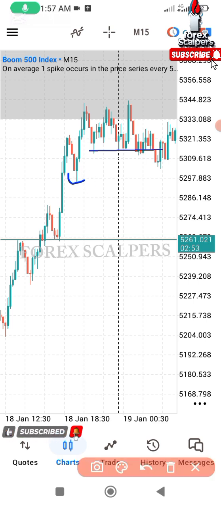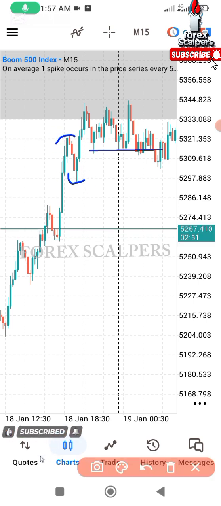Because after this higher low and this higher high, this higher low gave us this higher high, then this higher low gave us this higher high, and then this higher high, we have this higher low that gave us this higher high.